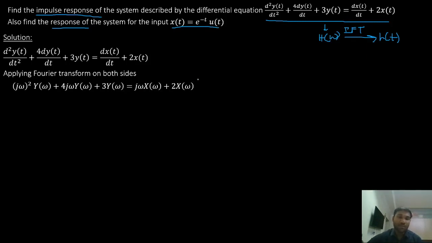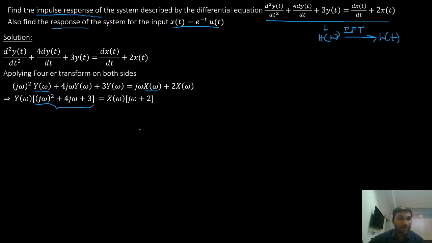Now we will simplify this equation. On the left hand side I'll take y of omega common, and on the right hand side I'll take x of omega common. Now x of omega I'll take to the left hand side, and the other term to the right hand side.